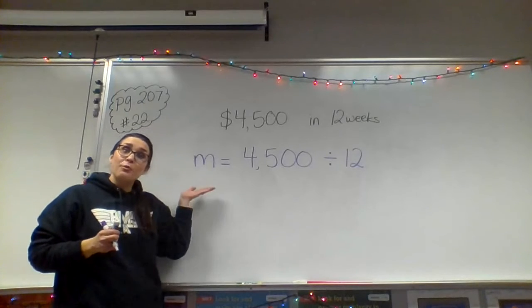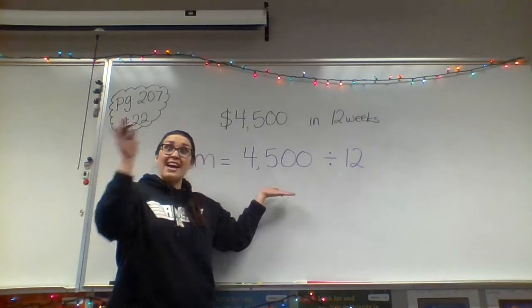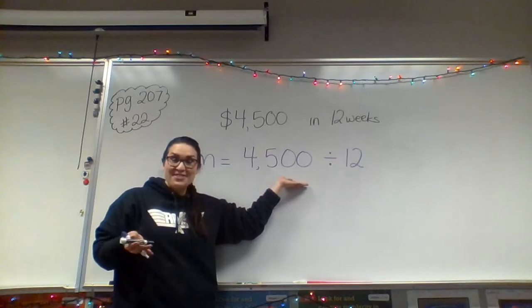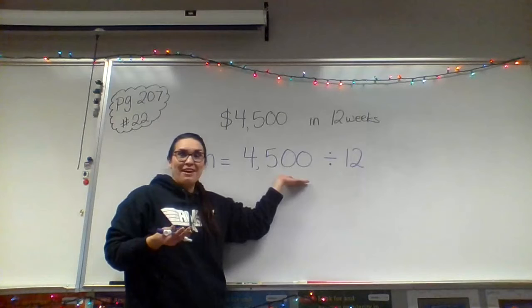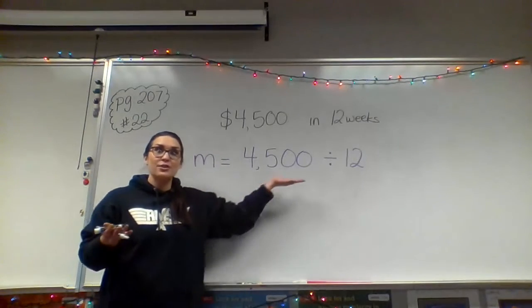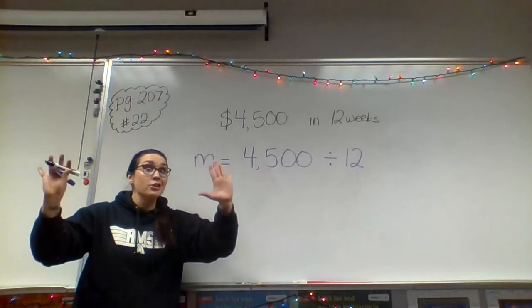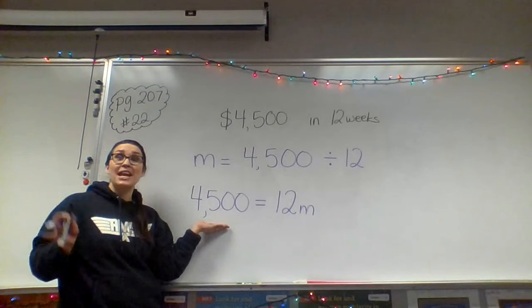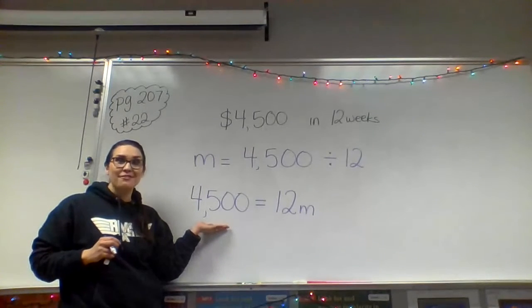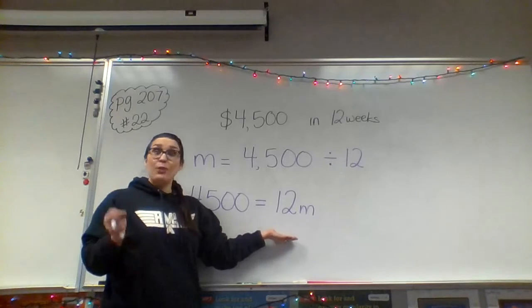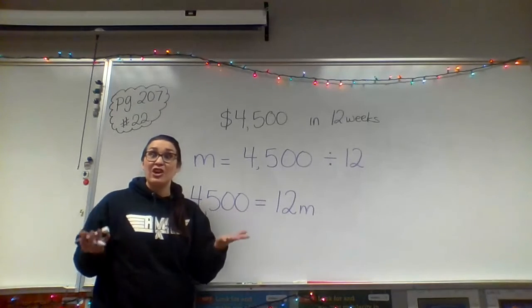And so we know one way we could solve this is to take the grand total, the amount that he actually earns at the end of 12 weeks, which is 4,500, and we can divide that by the number of weeks that he actually works, which is 12. But wait, there's more. We could also say that I could take the grand total, the complete amount of money that he earns, $4,500, and that's equivalent or equal to 12 weeks times the amount that he earns each week.